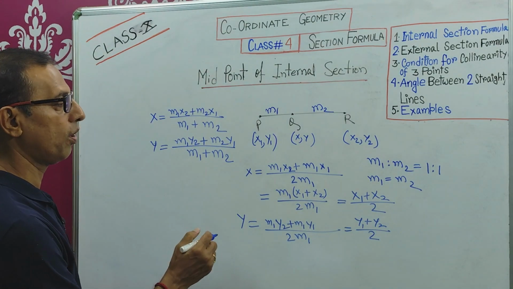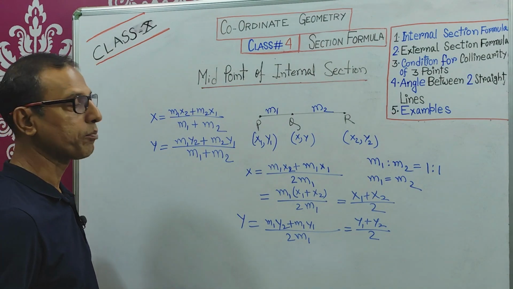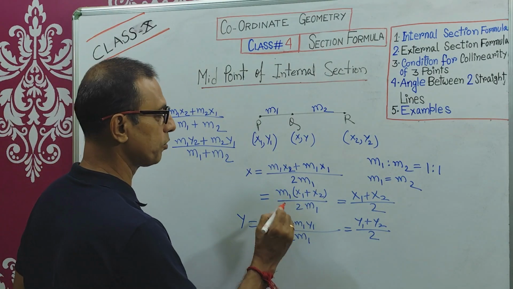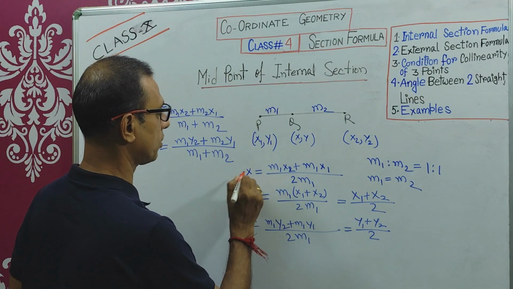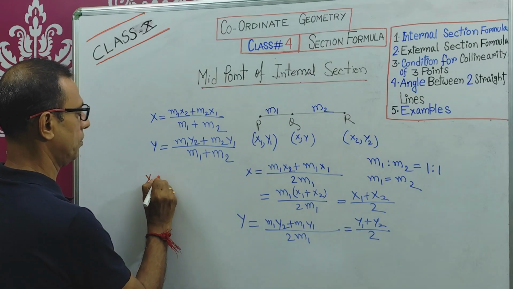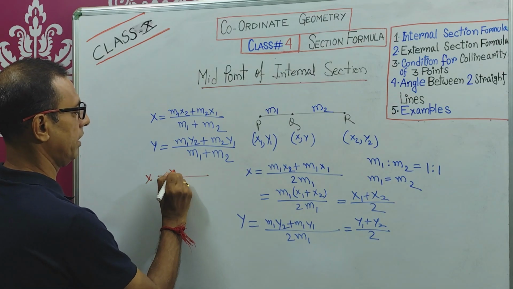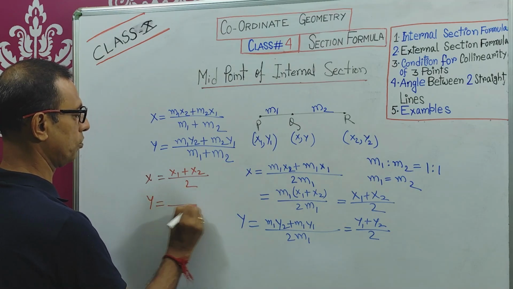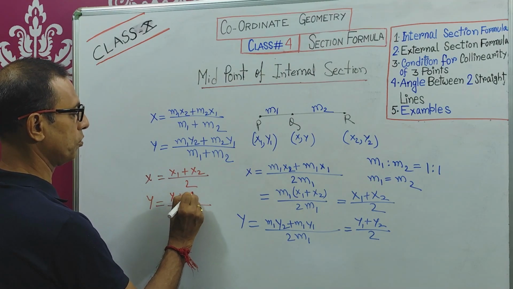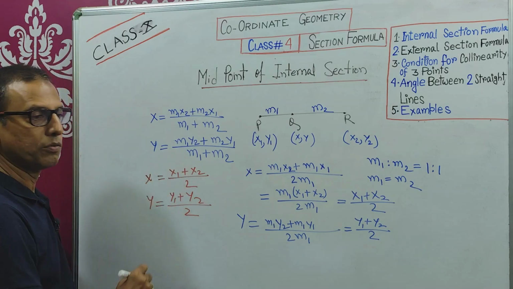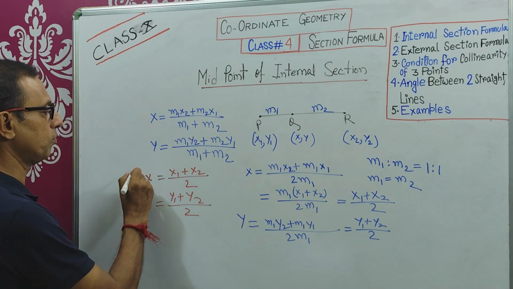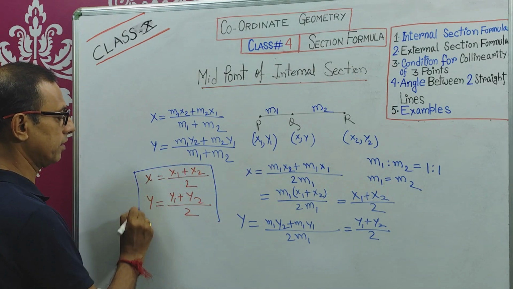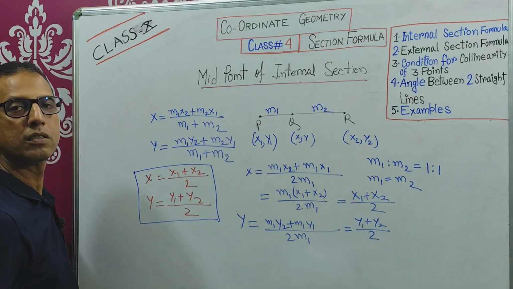So if it is the midpoint, in that case m1 equals m2, that means x equals x1 plus x2 by 2 and y equals y1 plus y2 by 2. That you need to remember. This is the formula if it bisects the line segment.